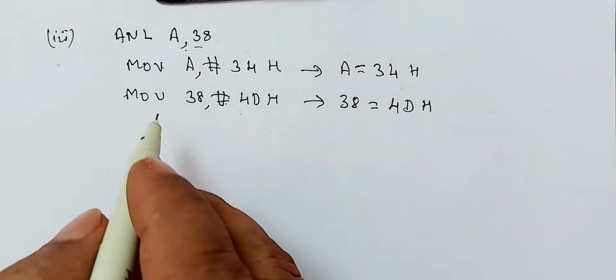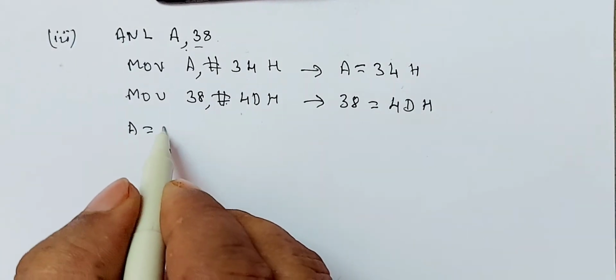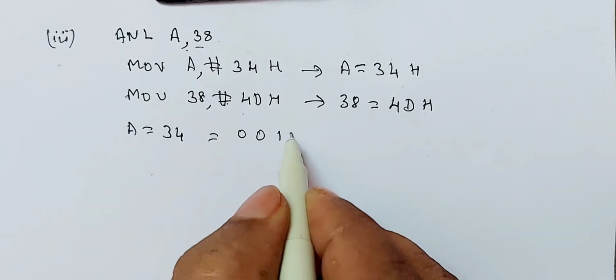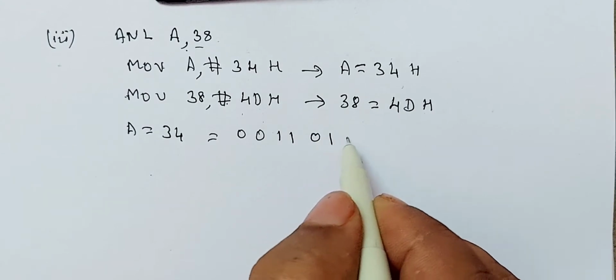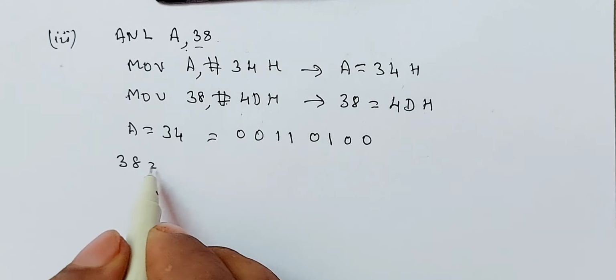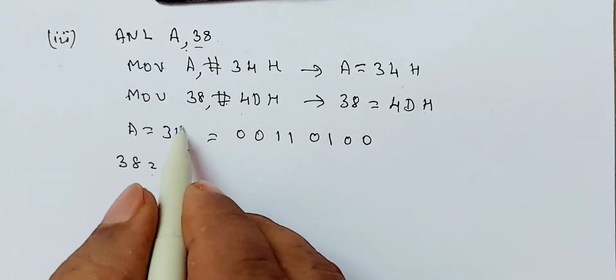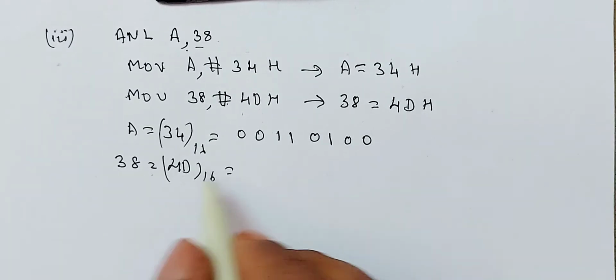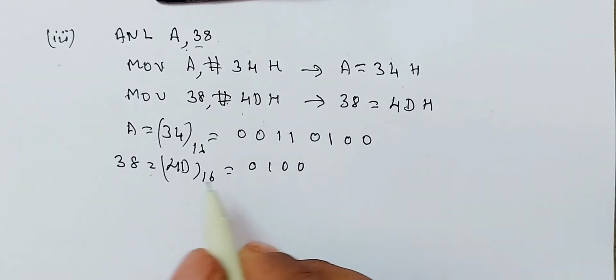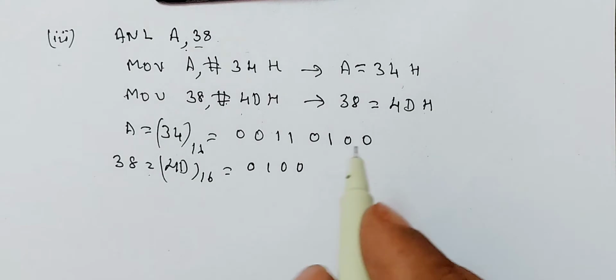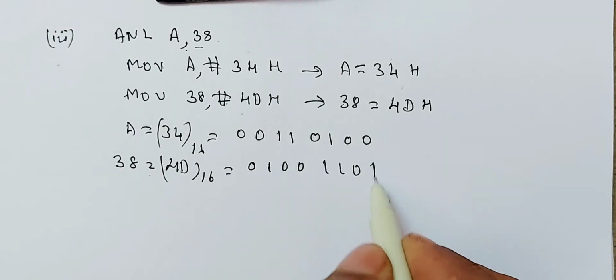Now, bitwise operation. A is loaded with 34, which is 3 is 0011, 4 means 0100. And the RAM location 38 is loaded with the number 4D. This is a hexadecimal number. 4 means 0100. D: A is 10, B is 11, C is 12, D is 13, that is 1101.